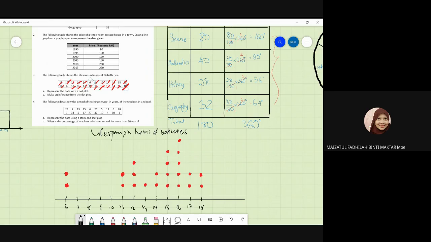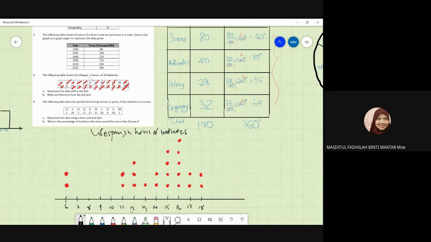Okay, sorry for that. Okay, so we only have 1 minute left before you start your next class. So this is your answer. You can make an inference about the lifespan. Most of the batteries are between 11 to 18. If you do not want to answer like that, you can see 14 to 17 also can, because 14 to 16, right?